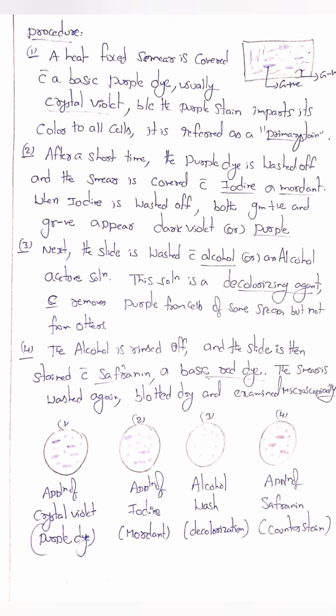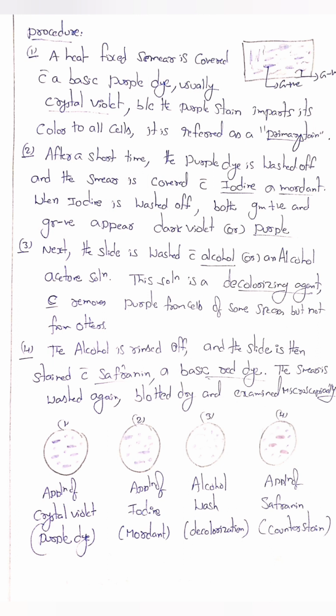Procedure. A heat fixed smear is covered with a basic purple dye, usually crystal violet. Because the purple stain imparts its color to all cells, it is referred to as the primary stain. After a short time, the purple dye is washed off and the smear is covered with iodine, a mordant. When the iodine is washed off, both gram positive and gram negative cells appear dark violet or purple.